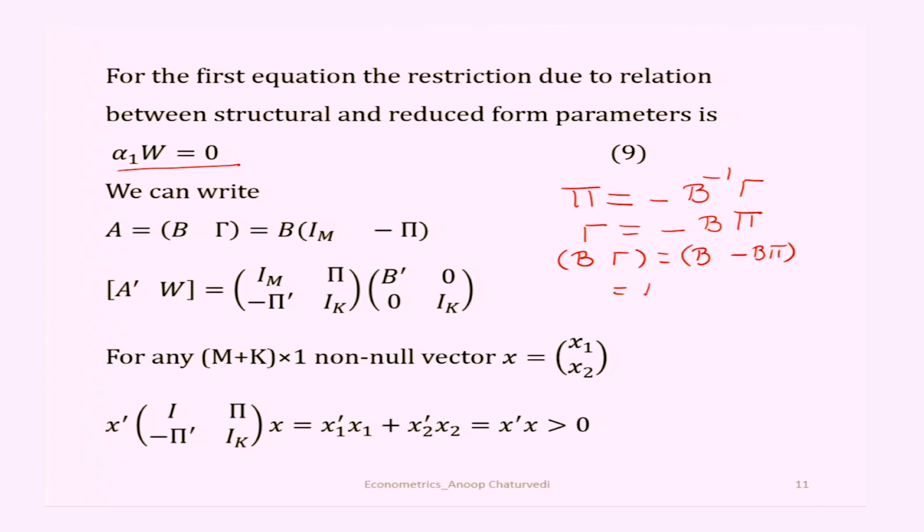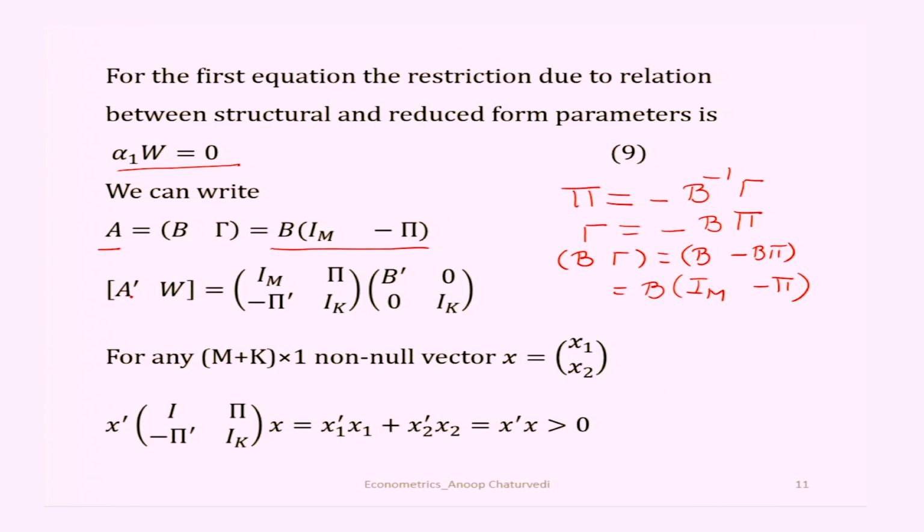So, this is equal to B, and then you have identity matrix here and minus pi. So, we can write A equal to B I m minus pi.